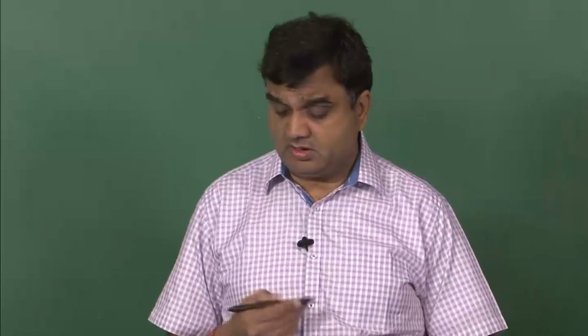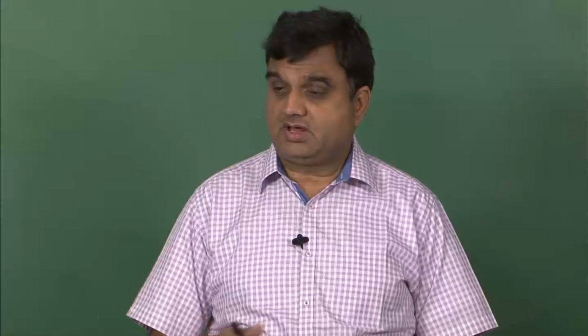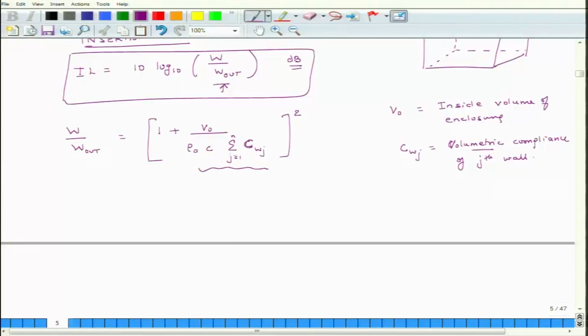On the reverse side, if compliance is 0, which means when pressure hits the inside walls of the enclosure, the system does not expand or contract at all, right. What does that mean? The walls of the enclosure will not vibrate at all and there will be no sound transmitted outside. Mathematically, when CW is 0, the denominator is 0, this thing becomes infinite, then the ratio of W over W out is infinite, which means no sound is getting outside.